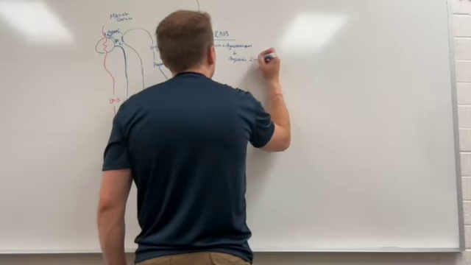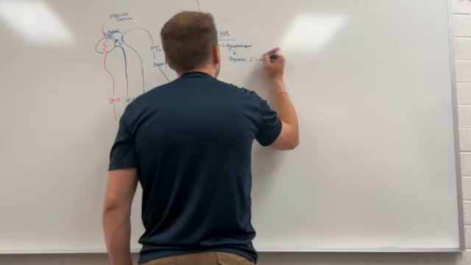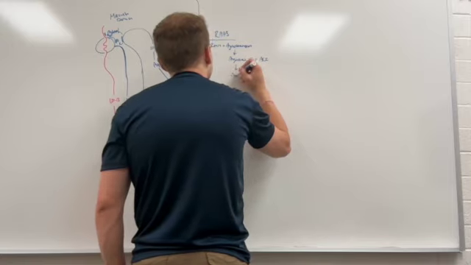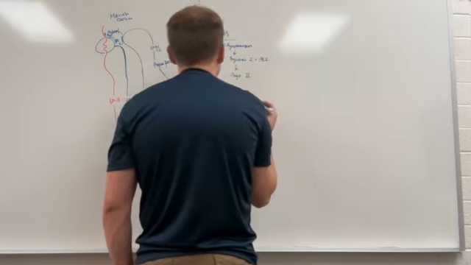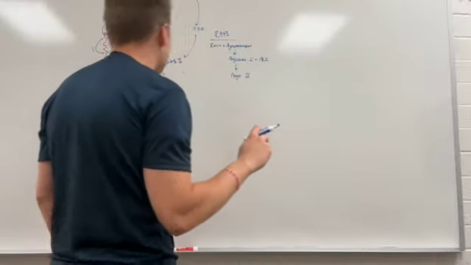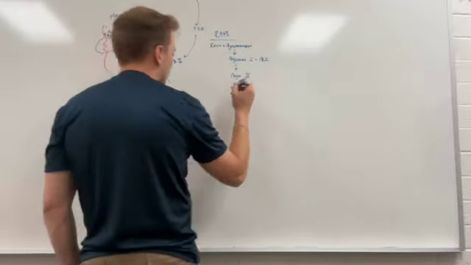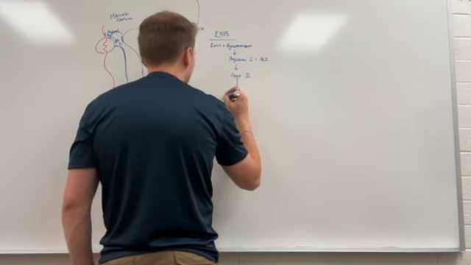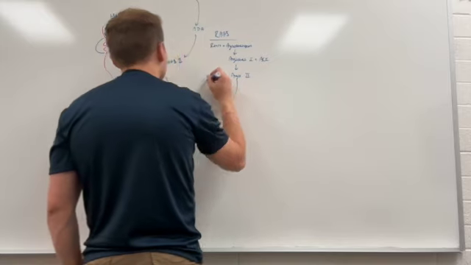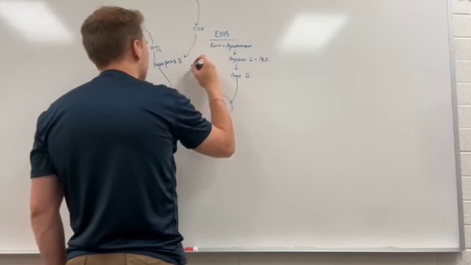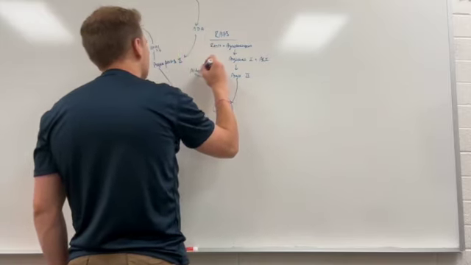Then we add an ACE enzyme, which converts it to angiotensin 2. Angiotensin 2 does a whole bunch of stuff, but for this part, it goes into the cortex and causes the release of aldosterone.